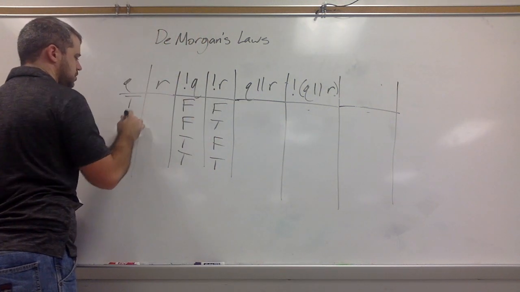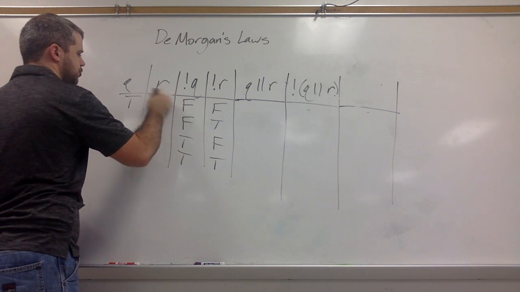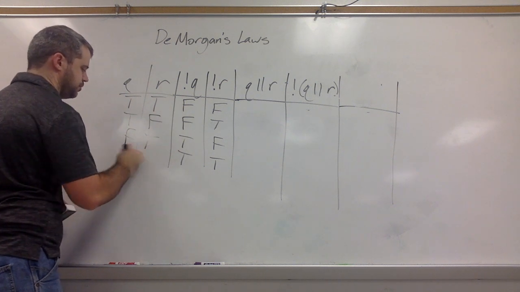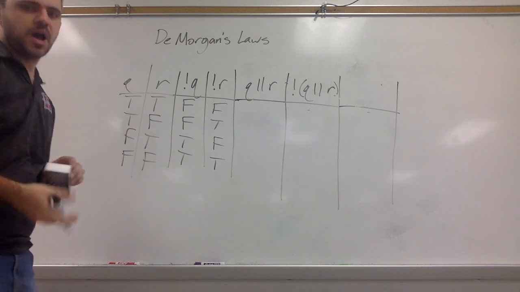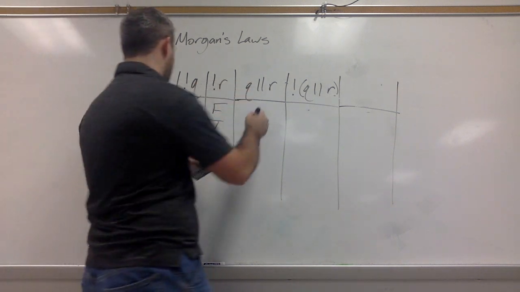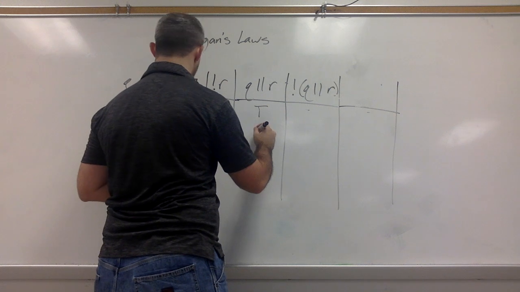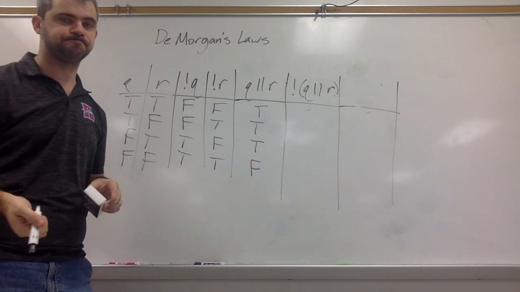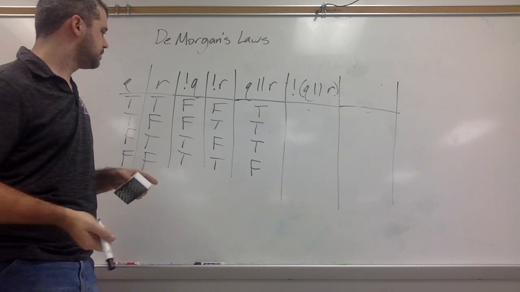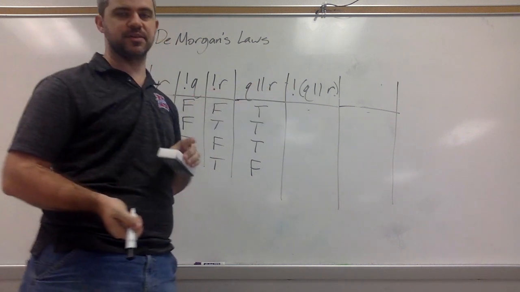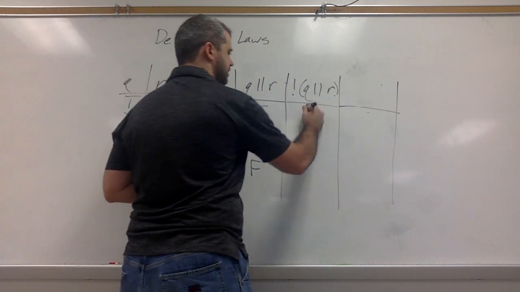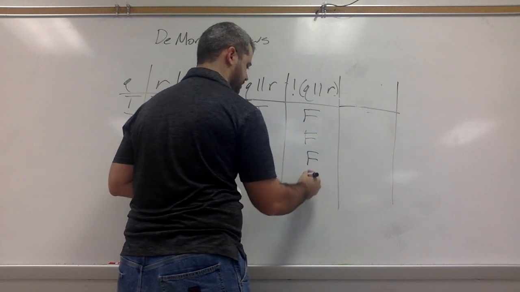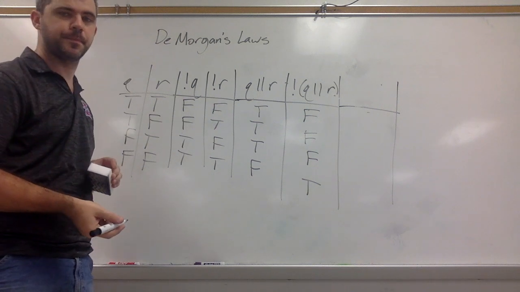So again, true, true, true, false, false, true, false, false. This OR statement will be true, true, true, false. So when we negate this OR statement, it's going to give us false, false, false, true.